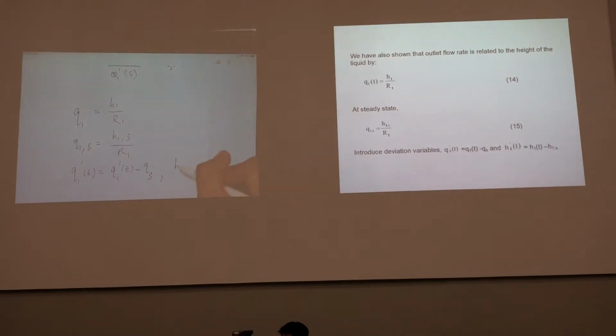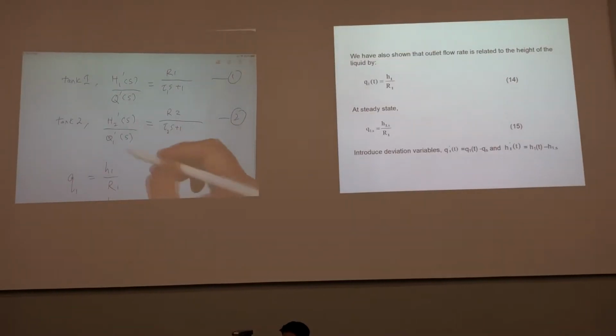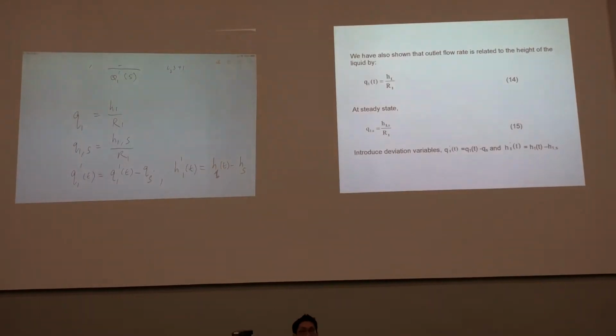And H1 prime at T is equal to H1 at T minus H steady state. The entire purpose here is I wanted to eliminate Q1 here, so I introduce this.